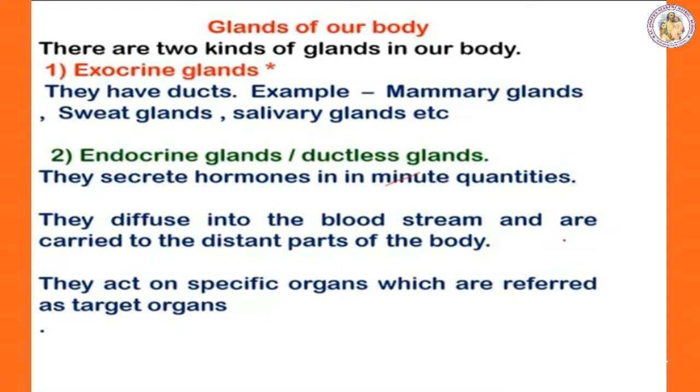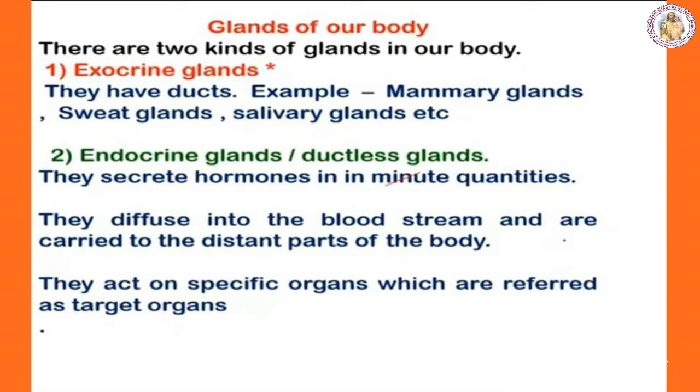Now that the plant hormones are over, we are going to see about animal hormones, the human endocrine glands. The endocrine system possesses a chemical communication system to coordinate the biological functions. Exocrine and endocrine glands are the two types of glands in animals. Endocrine glands are found in different regions of the body of animals as well as human beings.